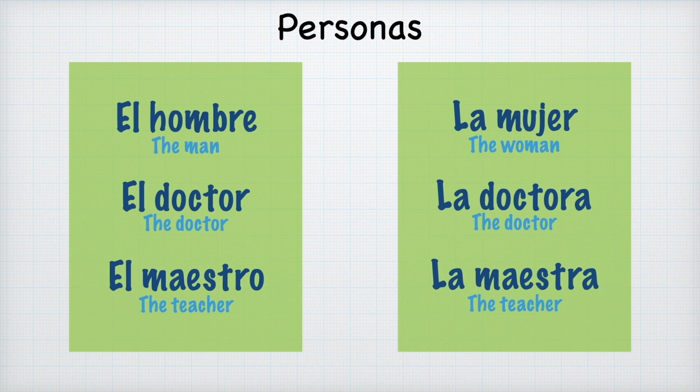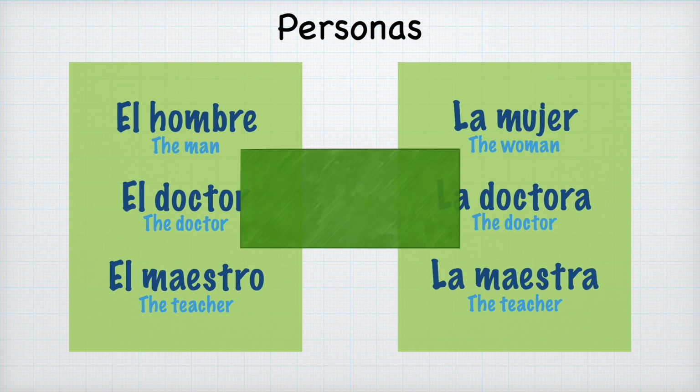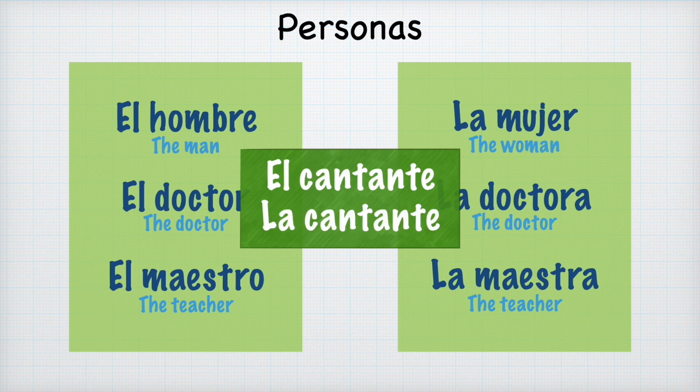There are instances where the noun stays the same. For example, el cantante. For feminine, we say la cantante. The word cantante means singer, so it doesn't change, only the article changes, and that's how you would know if the person is female or male.